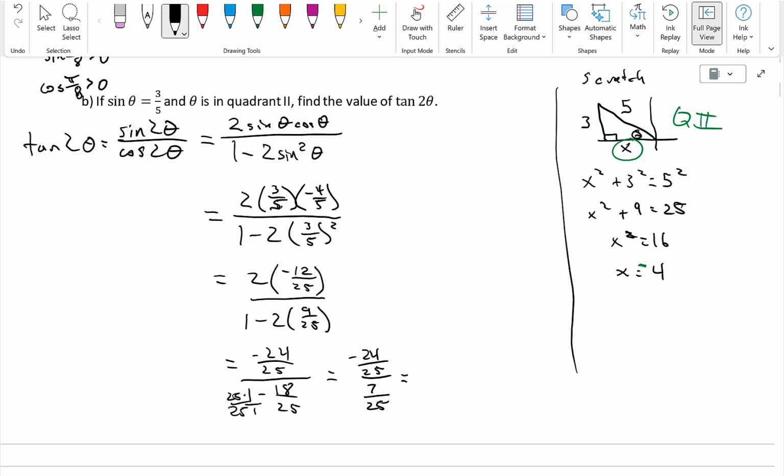And then again, like we've seen before, we can multiply by that reciprocal, but we'll end up with numerator 24 over numerator 7. So minus 24 over 7 is what we get for our tan 2 theta here. So that's it. Try the ticket, bring some questions.